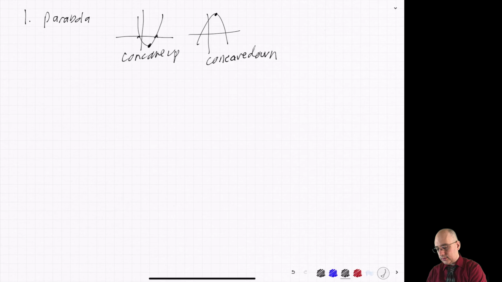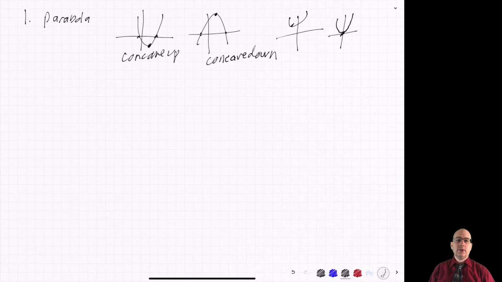And then it crosses the x-axis, possibly, often with 2 points, but could be no points, and could be exactly 1 point, like so, right?